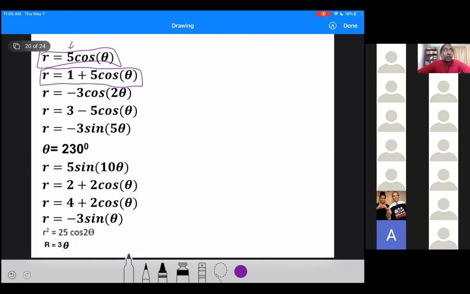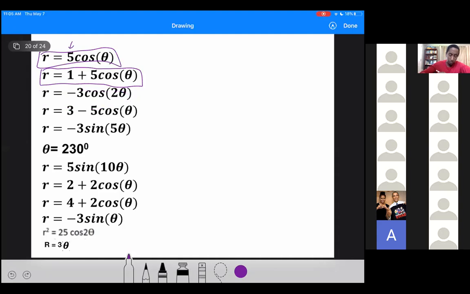It basically means that it is going to have a loop. Okay, good. What is this shape right here going to be, Natalia? Is it a rose curve? Yes, it's going to be a rose curve.